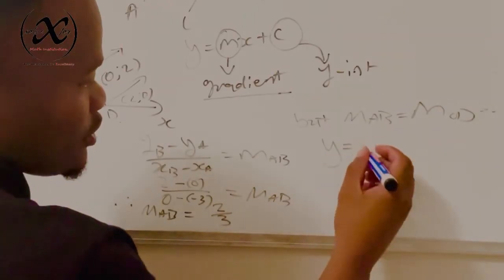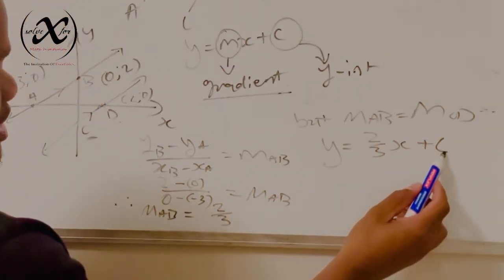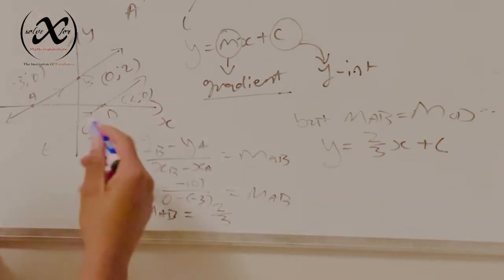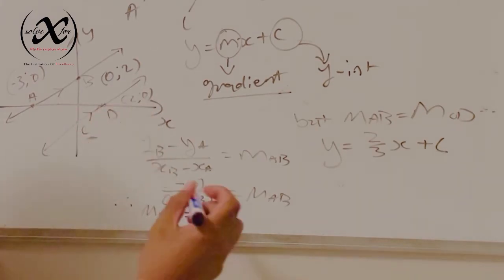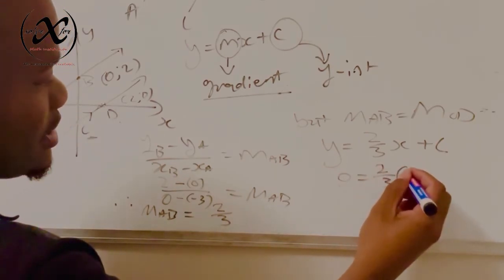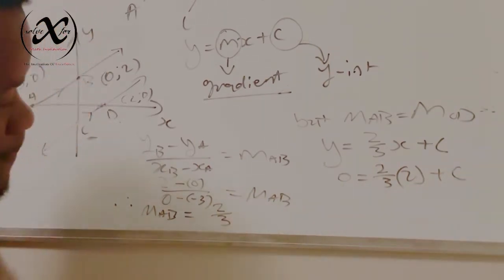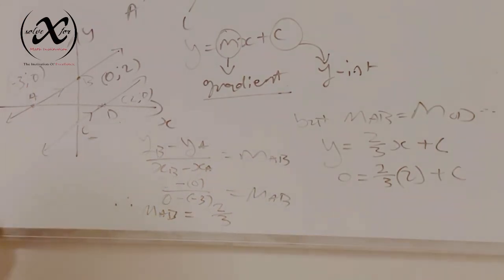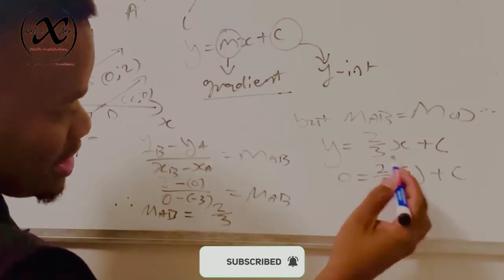So y equals 2 over 3 x plus c. Now you need to find c. How are you going to do that? x and y are any points on the graph. So you have this point D, you substitute the coordinates there. So y would be 0 equals 2 over 3 times 2 plus c. 2 over 3 times 2 is equal to 4 over 3.